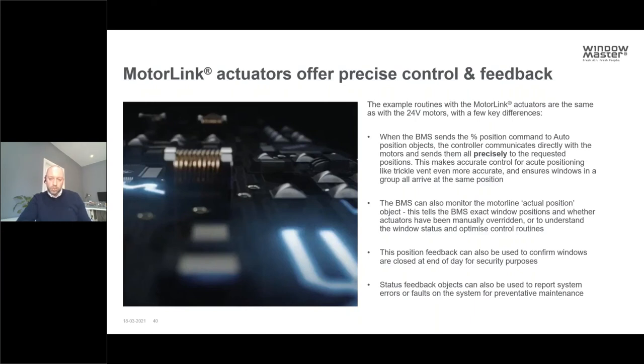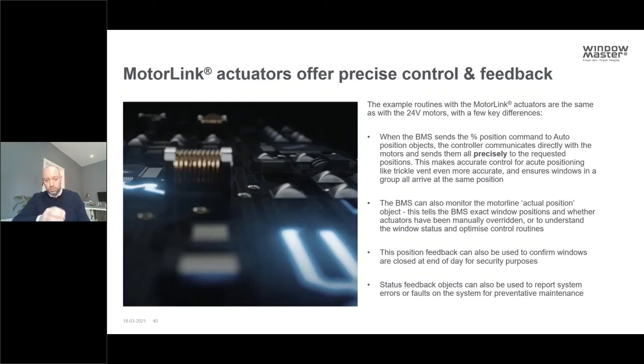We've seen a lot of buildings with hybrid ventilation, and we need to make sure that the natural ventilation works intelligently and in harmony with the mechanical systems to get the best out of both of those systems. So that two-way communication, that actual position feedback, is really useful. And of course, at the end of the day, we don't need to use reed switches, because we can just read back from the motor-links what the position is.